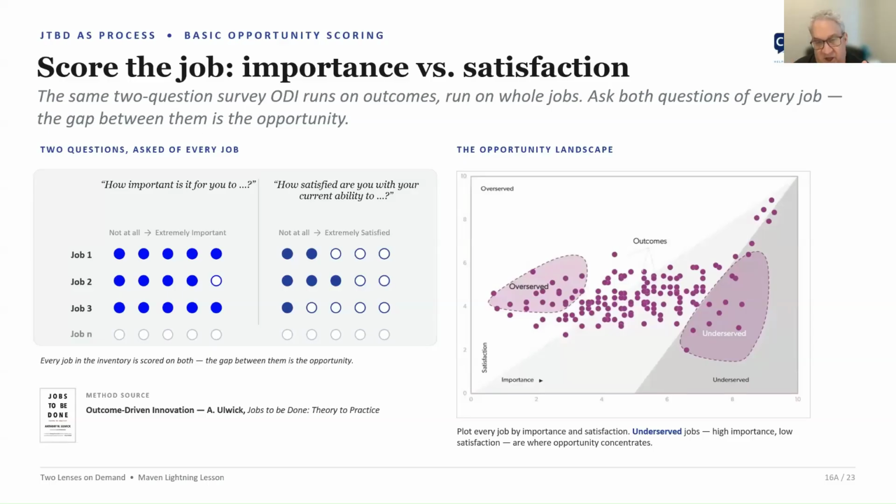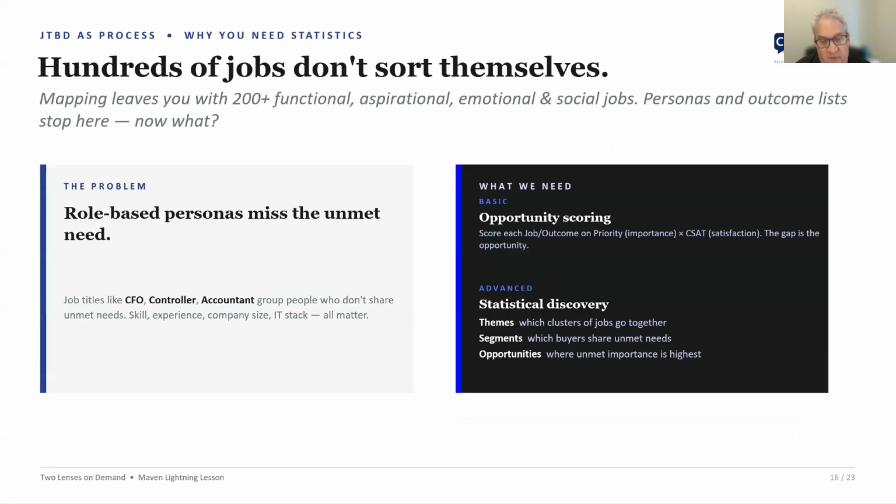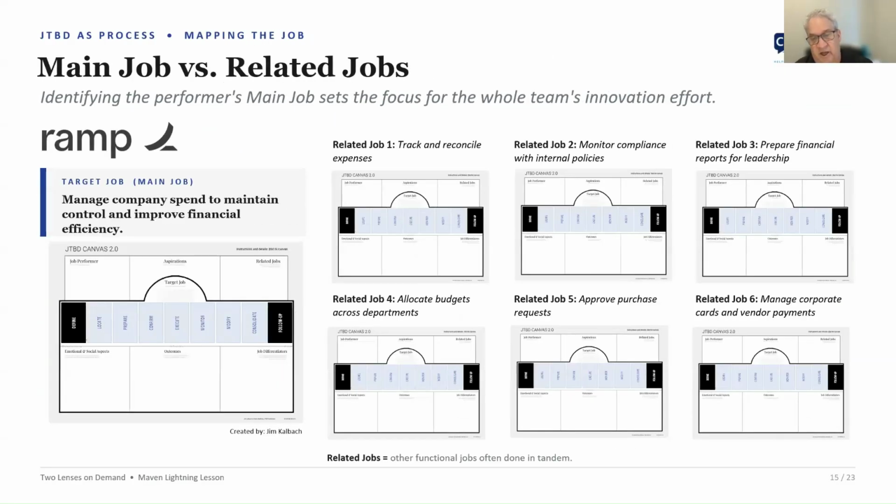So one of the methods of doing that scoring is that we're asking kind of two side-by-side parallel questions. One is, how important is this job to you? So if you remember, we've got jobs relating to tracking and reconciling expenses, allocating budgets across departments, approving purchase requests.